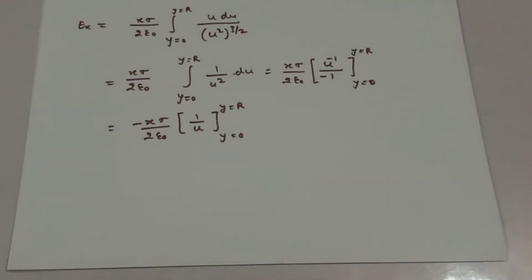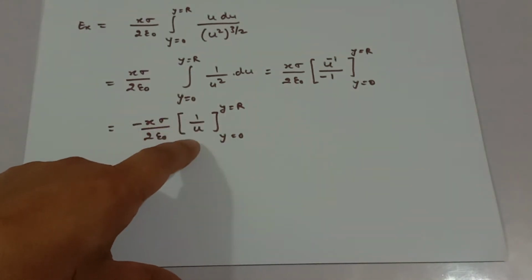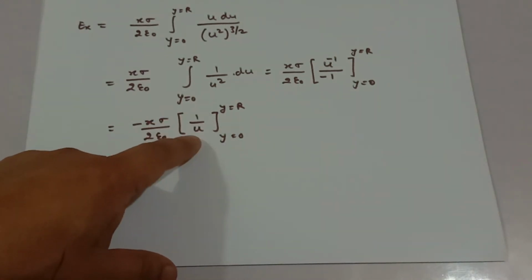So what you can do here is put the value of u again, because u square was x square plus y square, so u would become square root of x square plus y square.